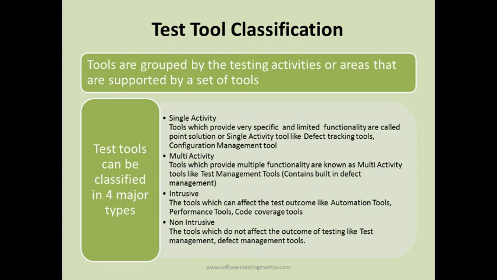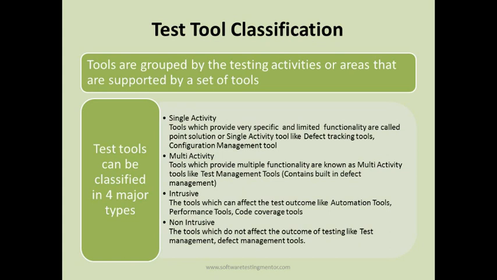For example, the performance tool, automation tool or code coverage tool inject something. For example, a code coverage tool does an instrumentation of the existing code. So it modifies the existing code a bit to figure out what kind of coverage is being attained or achieved by the existing test sets.